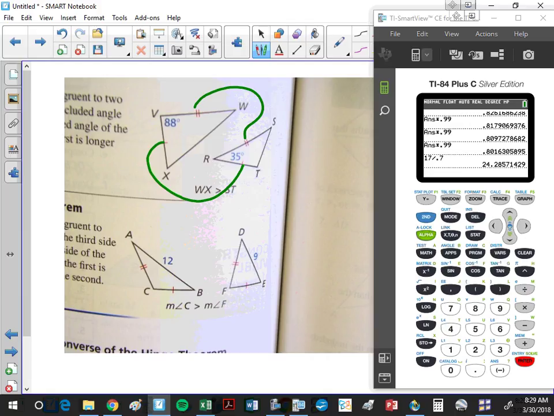And the hinge theorem says if two sides of one triangle are congruent to two sides of another triangle, and the included angle of the first is larger than the included angle of the second, then the third side of the first triangle is longer than the third side of the second. Now that's a really wordy way to say that this length is bigger than this length.